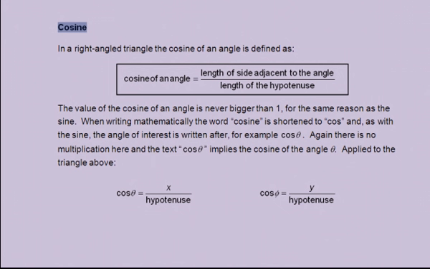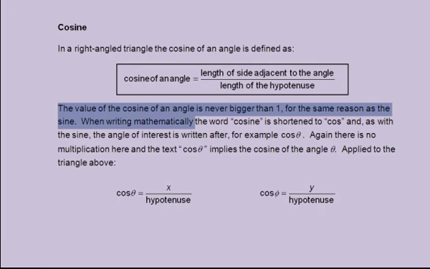Cosine. In a right-angled triangle, the cosine of an angle is defined as cosine of an angle equals length of side adjacent to the angle divided by length of hypotenuse. The value of the cosine of an angle is never bigger than 1 for the same reason as the sine.